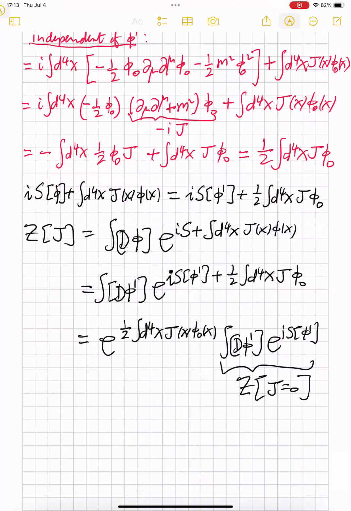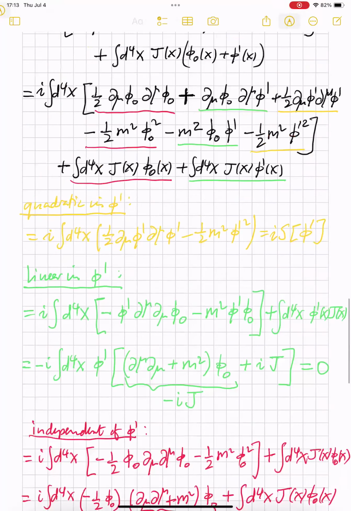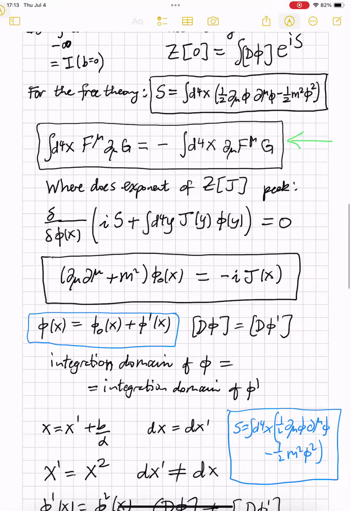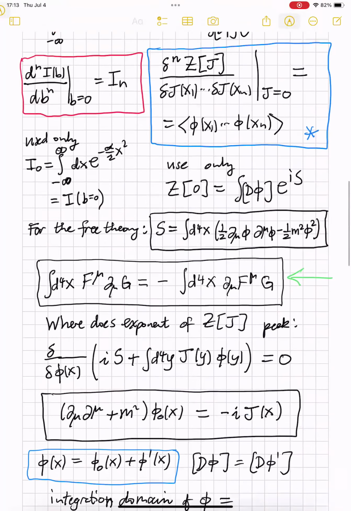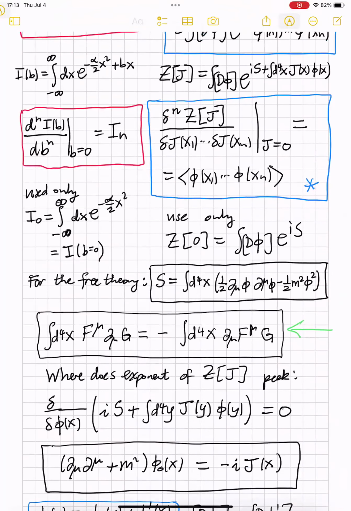Okay, it doesn't matter if I call my integration variable phi or phi prime. So this is just z of naught. And what did we say that z of naught was? We said z of naught is related to the vacuum overlap on itself. So this is naught, naught, if you remember. And we said this we're going to set equal to 1.